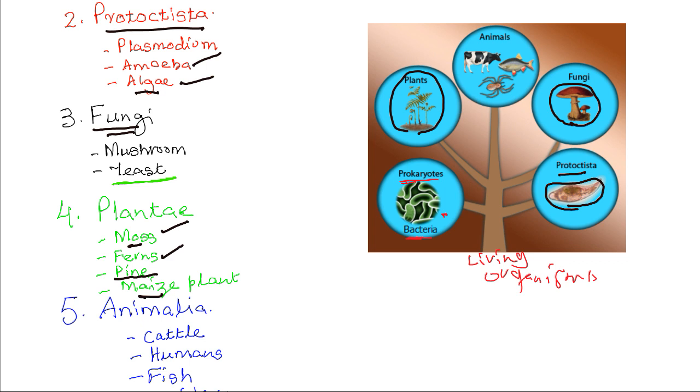So these are the members of the kingdom Plantae. Now, the members of this kingdom are multicellular organisms, and they contain chlorophyll that they use in photosynthesis to manufacture their own food.